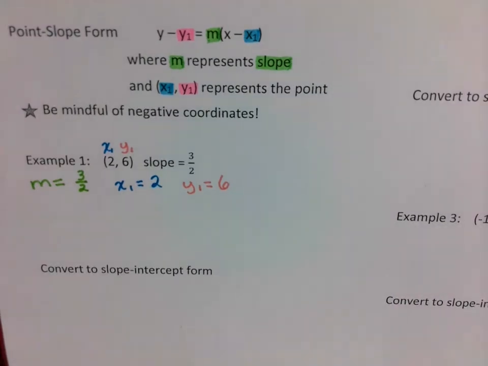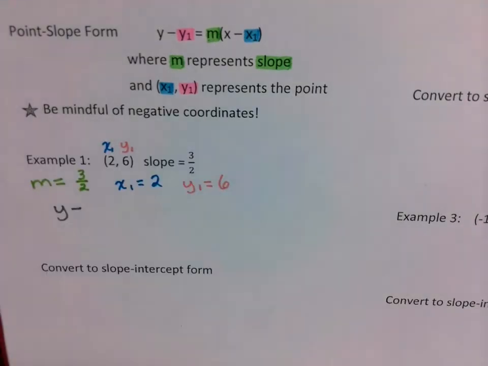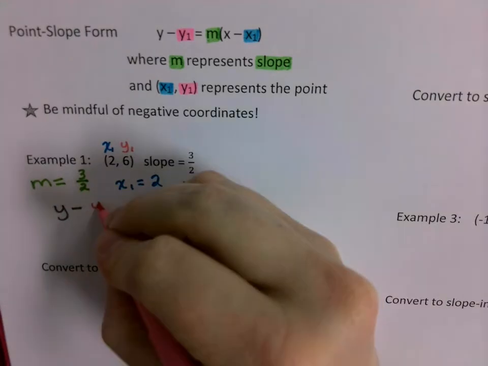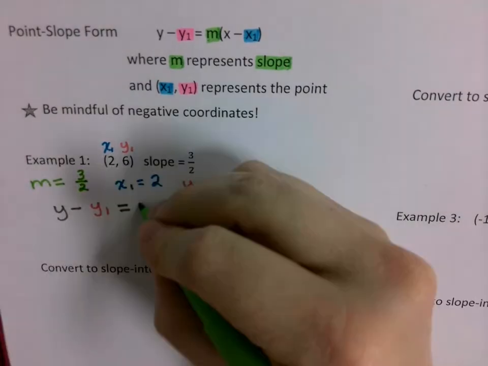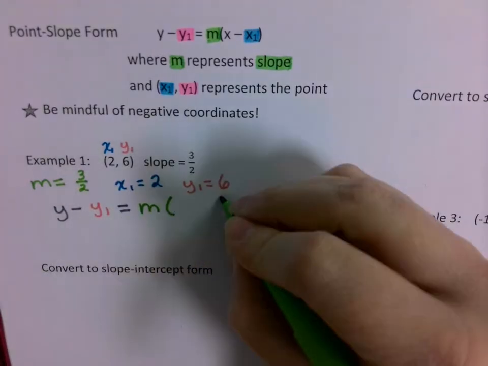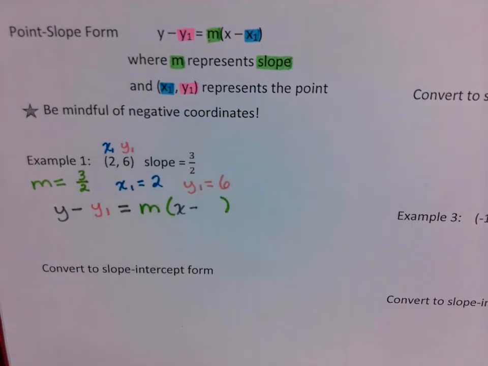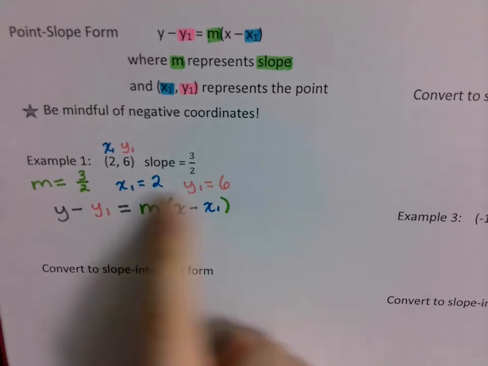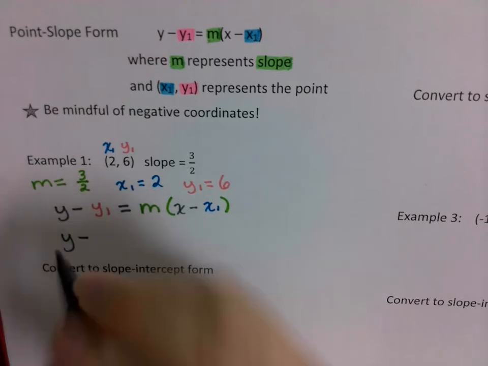So again, like I said before, the equation is y minus y1 equals m times the quantity x minus x1. Everywhere I see one of those variables, I'm going to replace it with the value that I have here. So I have y minus, and instead of y1, I'm going to replace it with a 6.